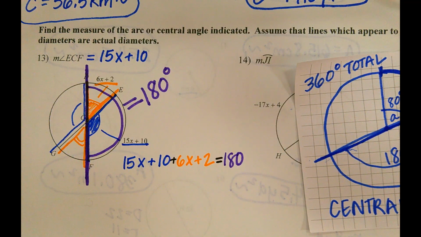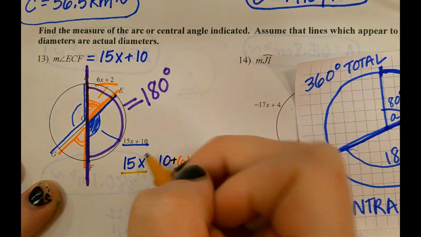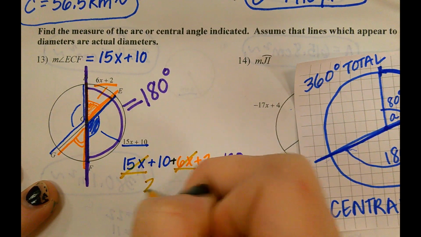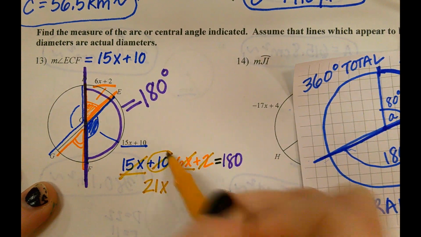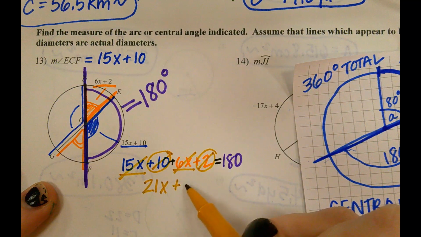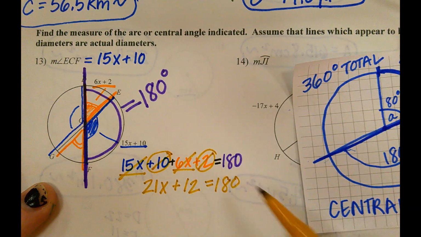Now that we have it set up, we need to solve it. How do I solve this? Combine like terms. Yes, let's combine like terms. 15x and 6x. 21x. Good, that gives me 21x. And then I have 10 and 2. 12. So I have 21x plus 12. I'll bring down equals 180.